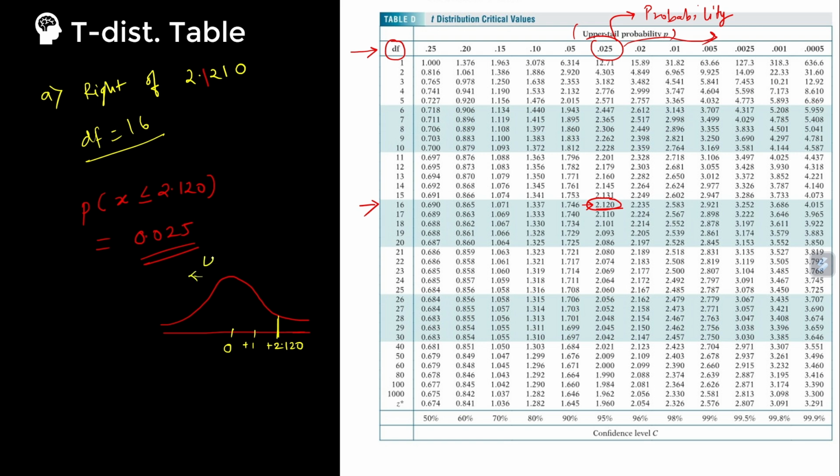This side is our left side and this side is our right side. So they are asking the right portion, right of 2.1210. So right portion is this much. How much is the area for this portion? So the area for this portion comes around 0.025 at 16 degrees of freedom. Okay, I hope this is clear.